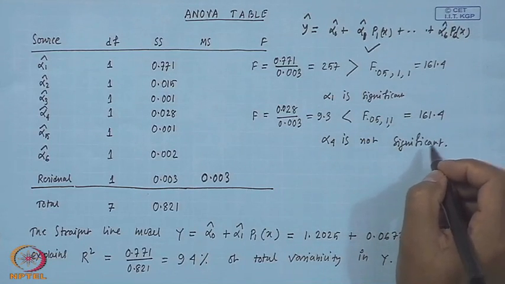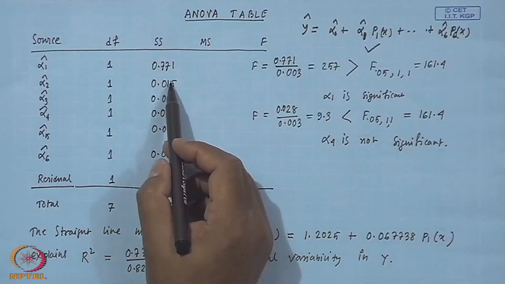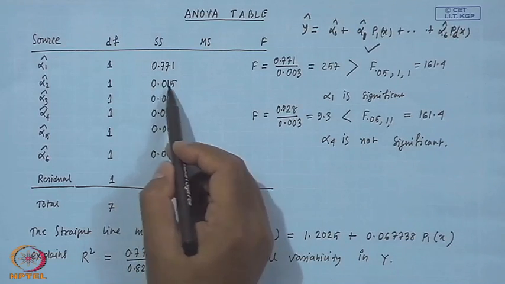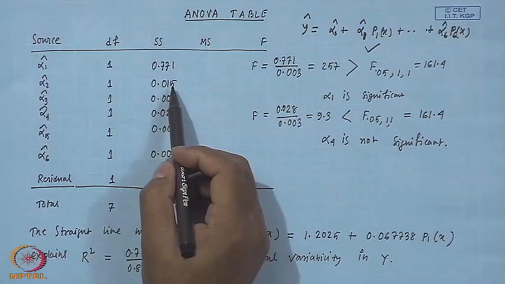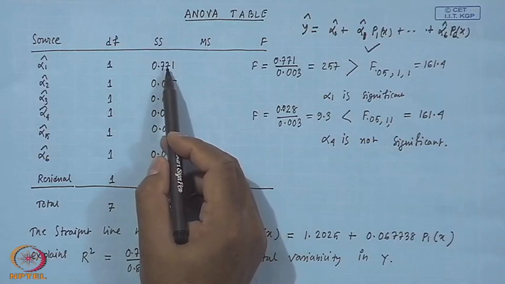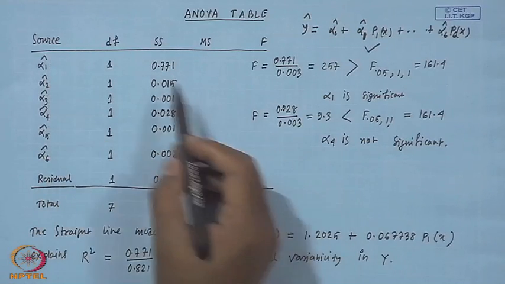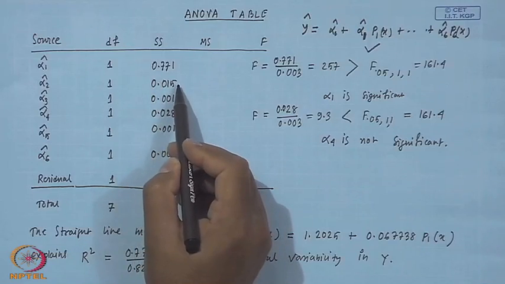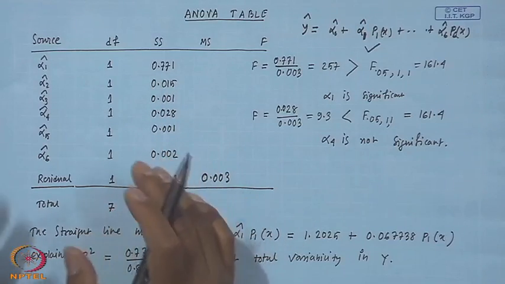Now, you see the SS regression due to alpha 2 hat is significantly smaller than the SS regression due to alpha 1 hat. What is this SS regression due to alpha 2 hat?